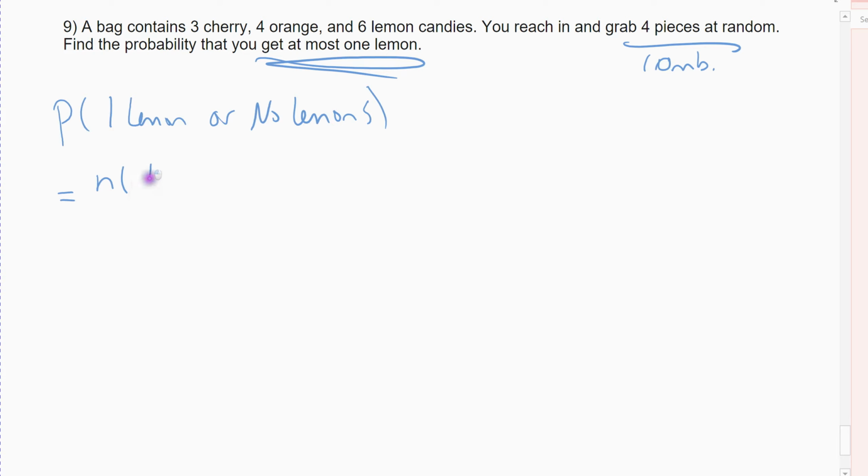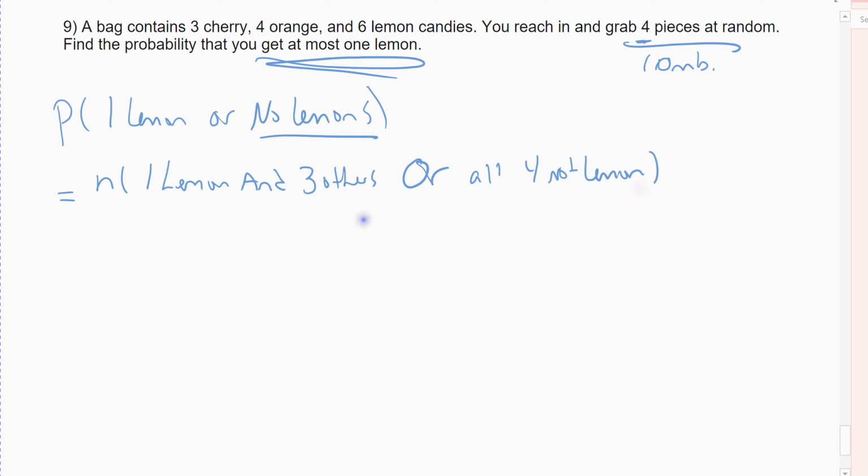So it's the number of ways to get 1 lemon. And remember, if I'm picking 1, I still need 4, so there's a hidden and statement. I need 1 lemon and 3 others, meaning they have to be other than lemon, or no lemons, so all 4 are not lemon. Out of my universal set.